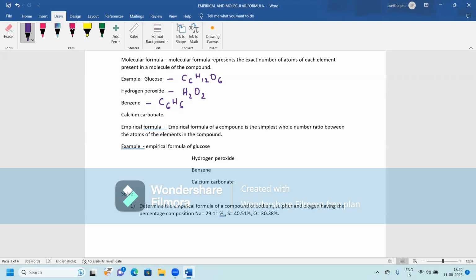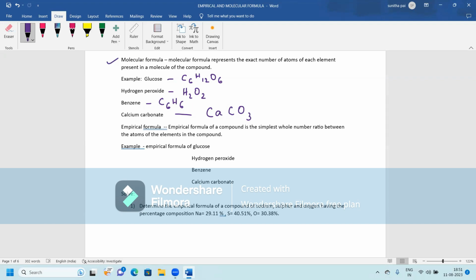Now, C6H6 tells us that in one molecule of benzene, you will find 6 atoms of carbon and 6 atoms of hydrogen. The last example that I have taken, calcium carbonate, CaCO3. So, this means in one molecule of calcium carbonate, you will find 1 atom of calcium, 1 atom of carbon, 3 atoms of oxygen.